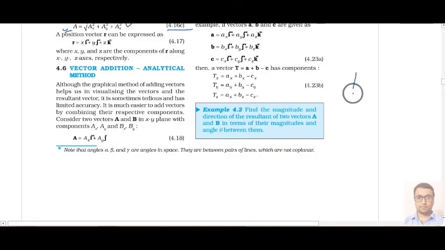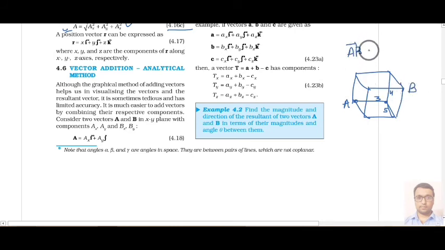Like here you can understand, if we have a cube or you can say a cuboid whose sides are given like 3 and this height is 4, and suppose along z direction we have dimension 5, then you can calculate vector AB, or I can say you can calculate the body diagonal AB.